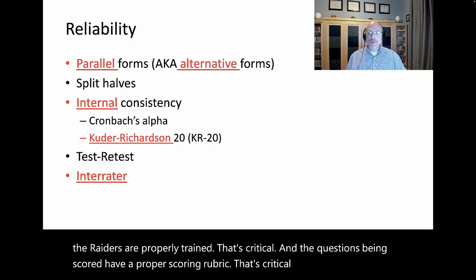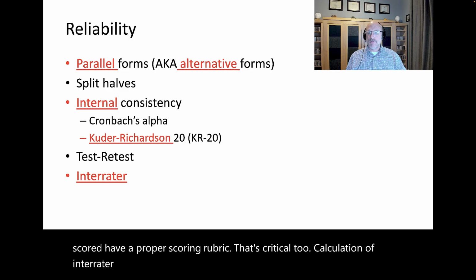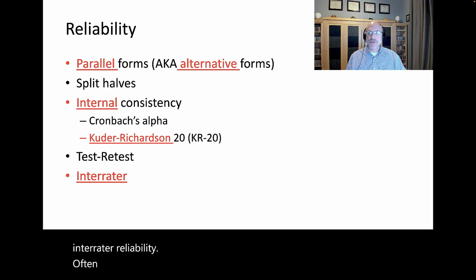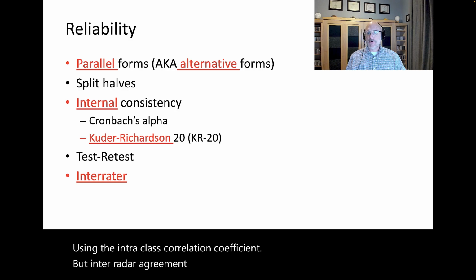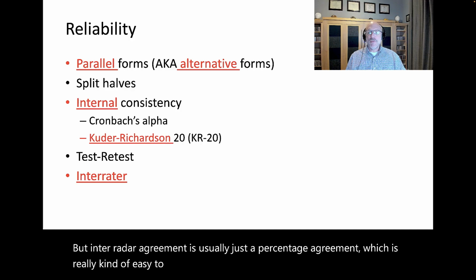Calculation of inter-rater reliability often involves complex calculations using the intra-class correlation coefficient. But inter-rater agreement is usually just a percentage agreement, which is really kind of easy to calculate. Let's move on.